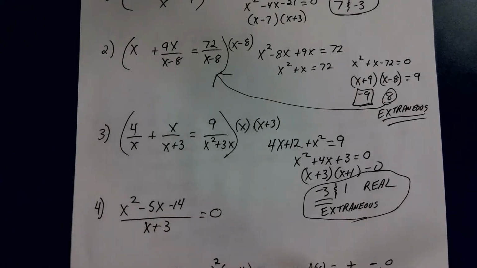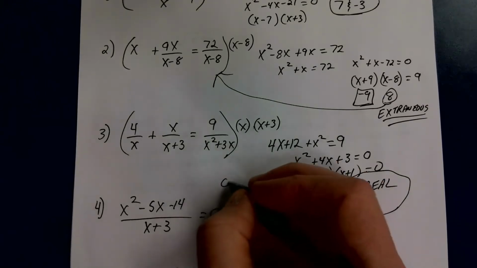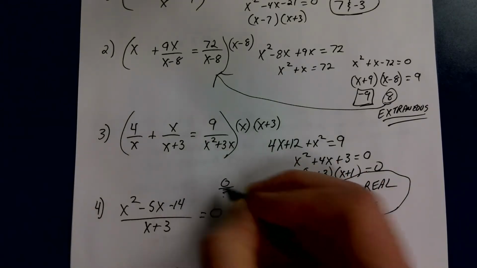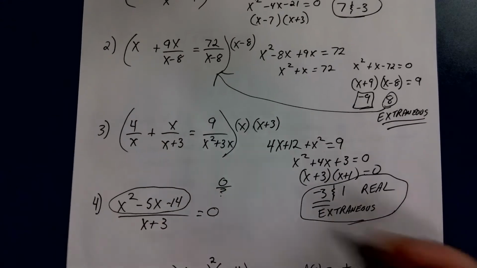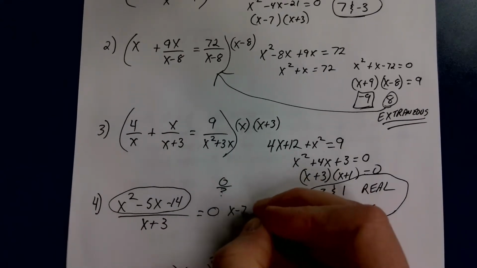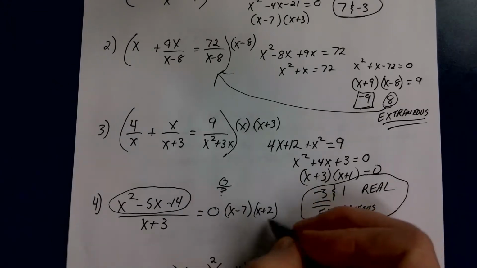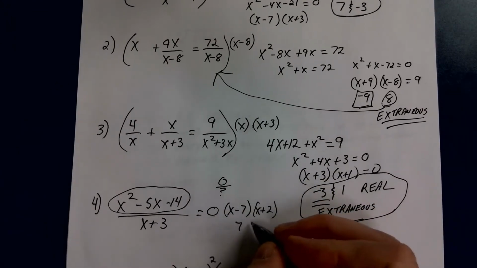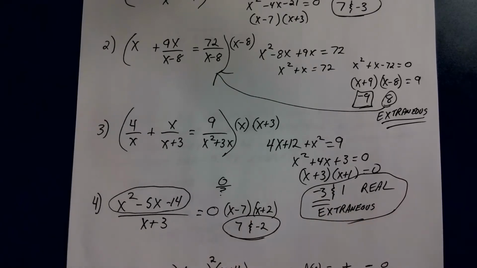So what that means is, if I know that I have a polynomial that's going to equal 0, well, the only way that that could be true is if I had 0 divided by something, whatever that is. So I just need to look for the zeros of the numerator to solve this problem. Well, that, of course, is x minus 7 and x plus 2. Is that okay? Which means 7 and negative 2 are my two solutions to this equation.